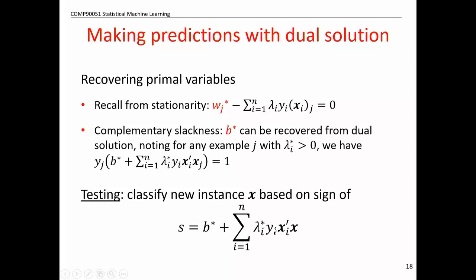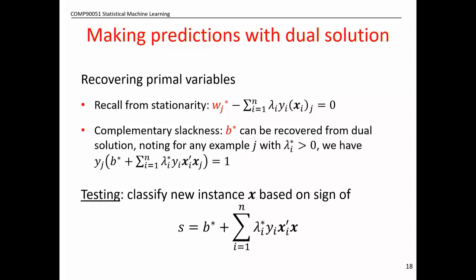And this is really cool, because it means that to make a new prediction, I'm looking at the similarity of the new test point with all of the training examples, weighted by their dual variables and their training labels. It's a weighted similarity, because a dot product is a form of similarity.